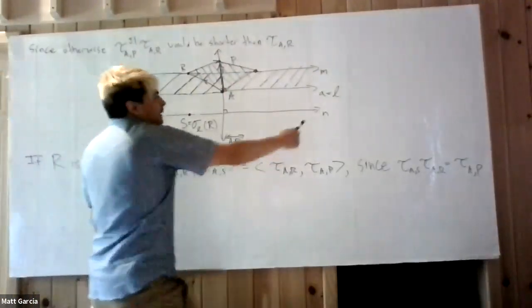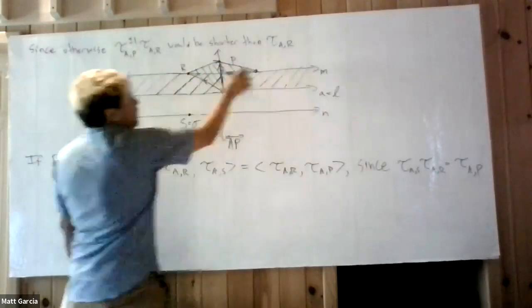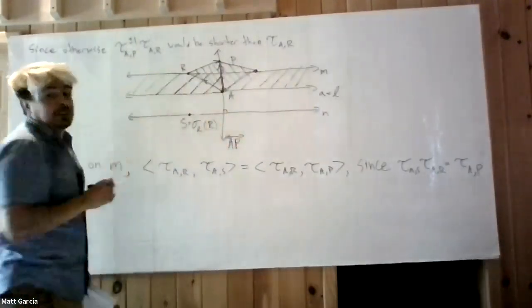Well, then we see that L is parallel to the line M, which contains the diagonal of this rhombic unit cell.